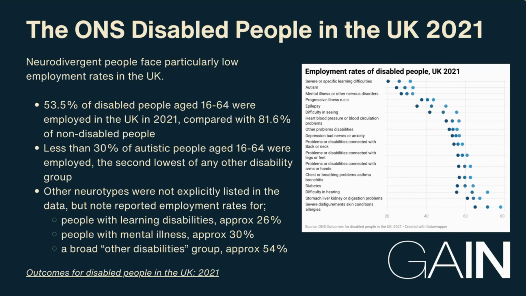The survey report didn't explicitly list out other neurotypes, but it did note that 26% of people with learning disabilities are employed, 30% of people with mental illnesses are employed, and 54% of people falling into a broad other disabilities group are employed.